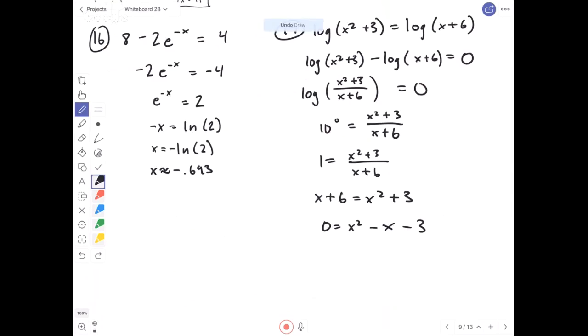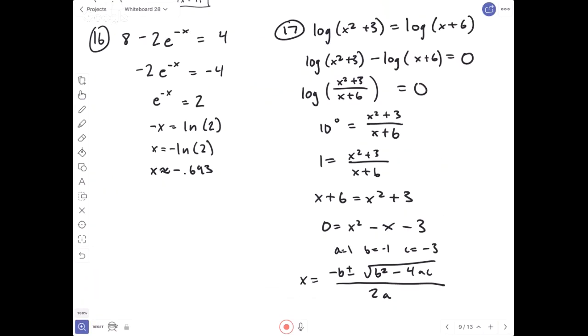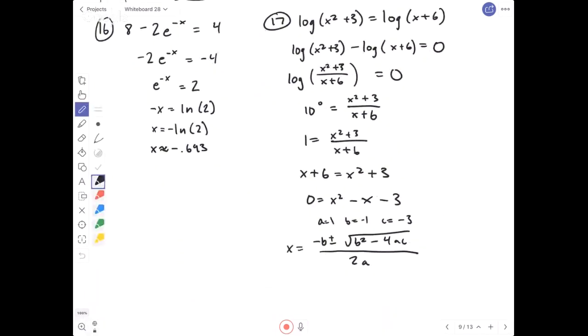So a equals 1, b equals negative 1, c equals negative 3. x equals negative b plus or minus the square root of b squared minus 4ac all over 2a. x equals negative negative 1 is 1 plus or minus the square root of negative 1 squared is 1 minus 4 times a is 1 times c is negative 3 all over 2 times 1.